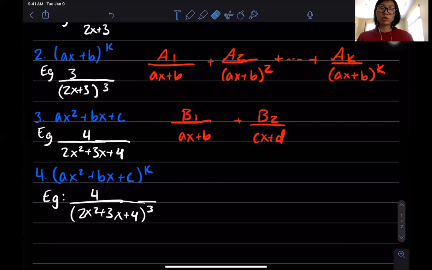With these two things multiplied together, will give you ax squared plus bx plus c. Also note, I chose these letters poorly, but these A, B, C's, and D's don't necessarily have to match these ones.